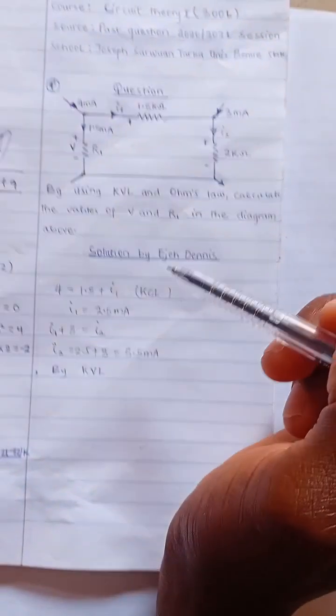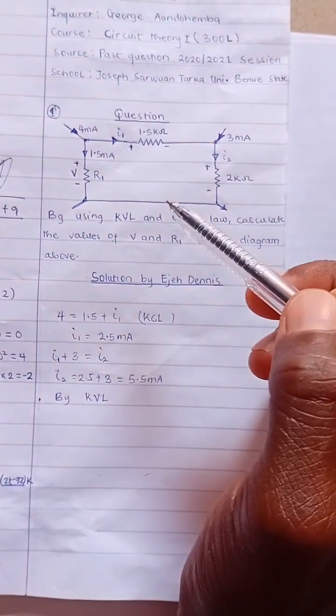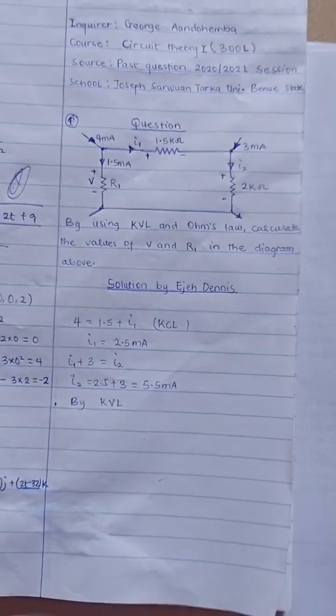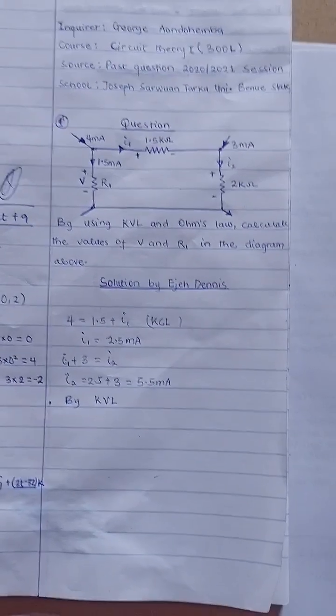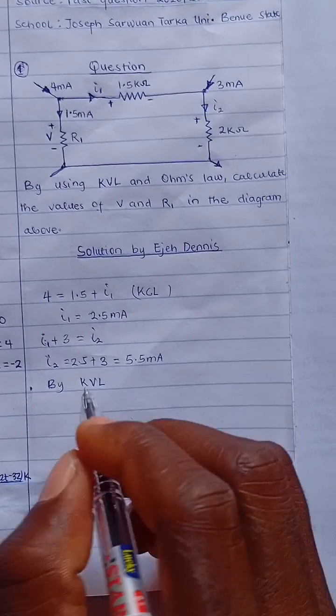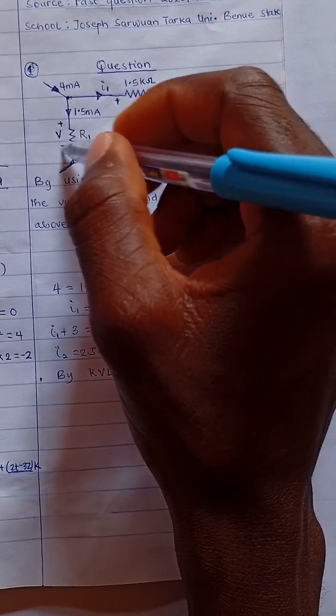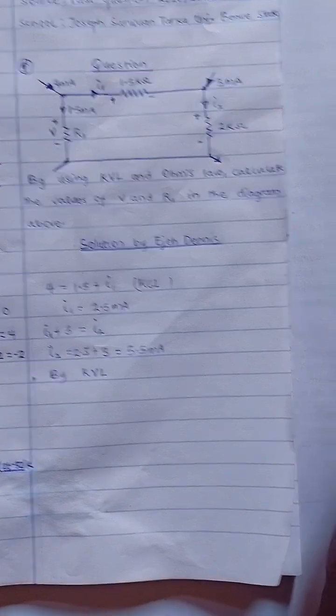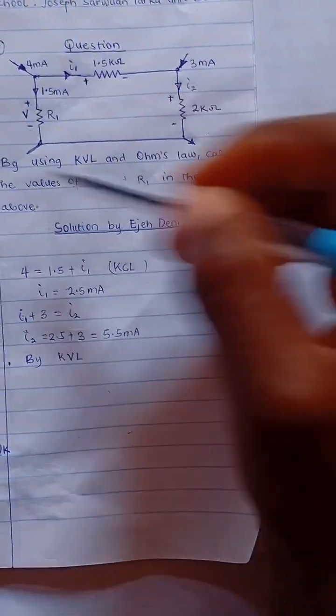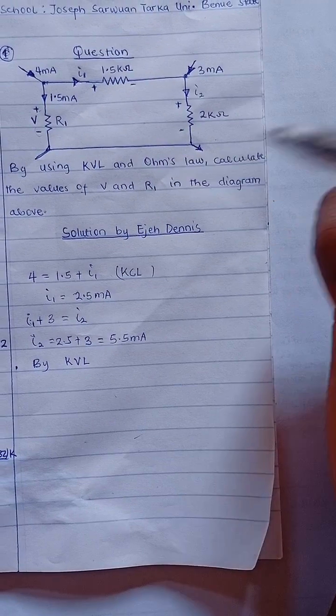Remember, our approach is, if you apply KVL around the loop, you take the polarity of the voltage at your entry point as the sign of that voltage, because each voltage has to have its sign, whether it's a plus or a minus.